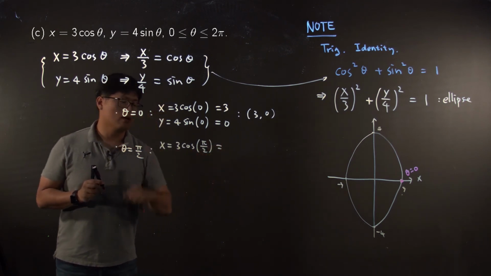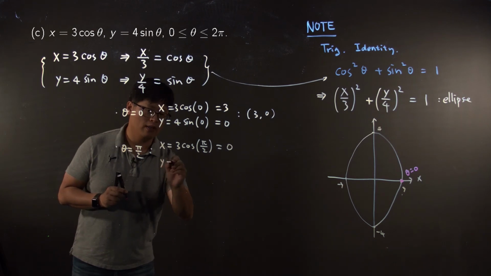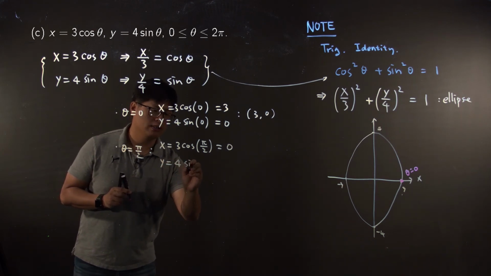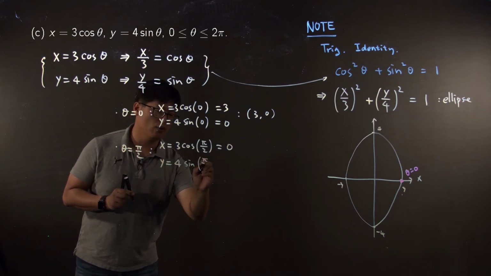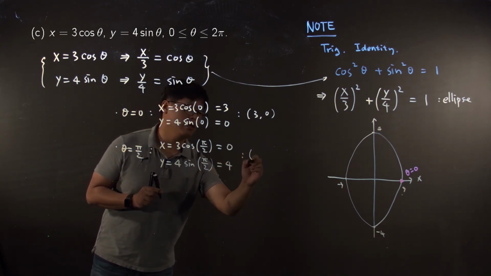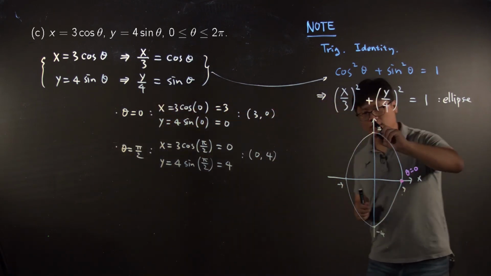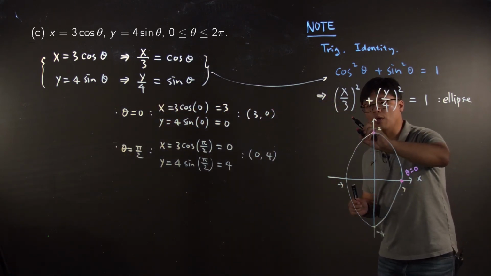And don't forget, cosine pi over 2 equals 0, okay? That is 0. And y is equal to 4 sine pi over 2. Okay, sine pi over 2 equals 1, which is 4. So my next point is (0, 4). Definitely, it must be on the curve. I'm talking about this guy, when your theta equals pi over 2, okay?